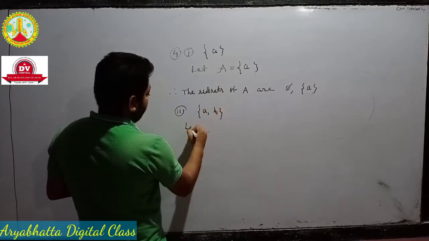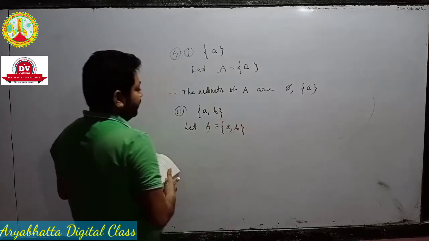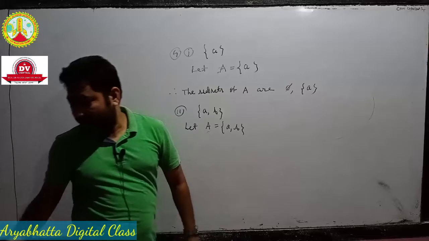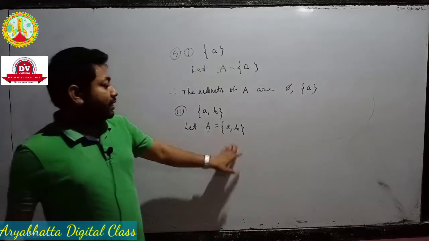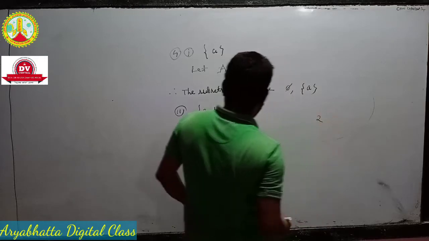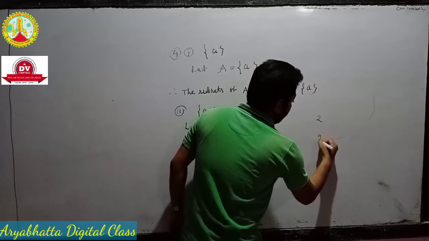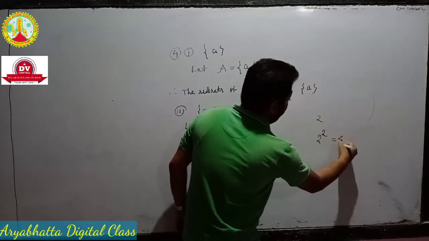Next, number 2. Let A equal to {a, b}. Here the total number of elements of the set A is equal to 2. Therefore, the total number of subsets of this set is equal to 2 to the power 2, which is equal to 4.